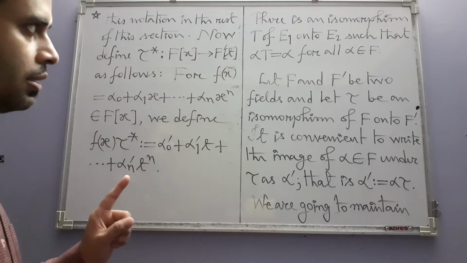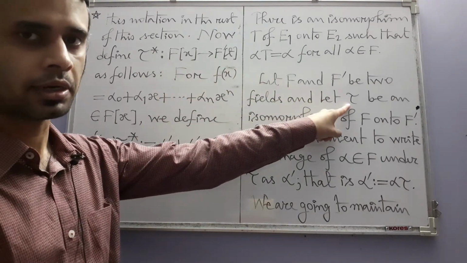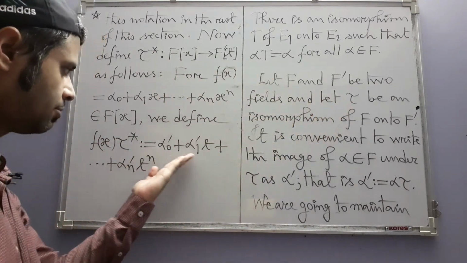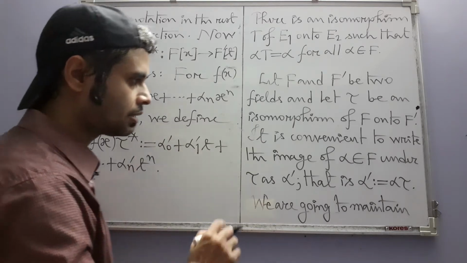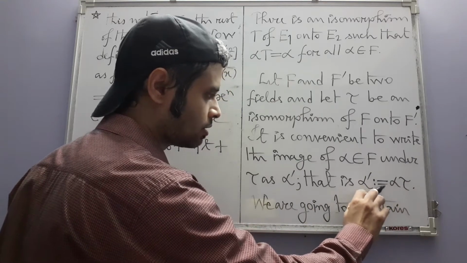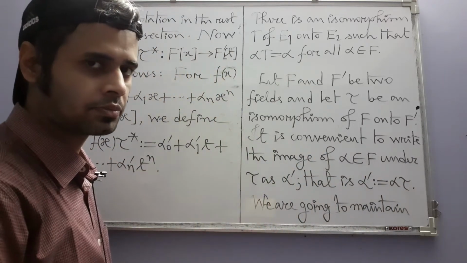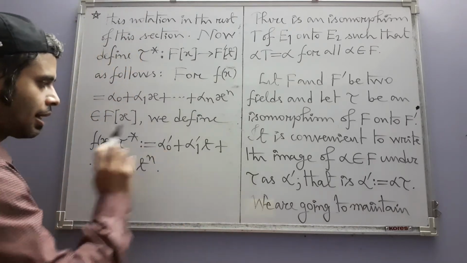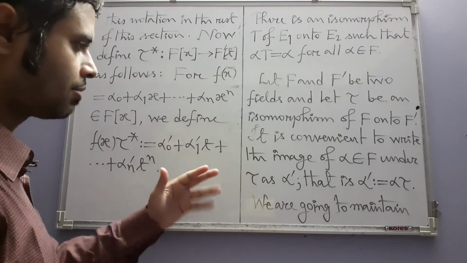But we already have a relationship between F and F prime given by tau. So we have used that tau here in writing these new coefficients. The new coefficients are just the images of the old coefficients under tau. That's just it. Because this alpha naught prime, for example, is the image of alpha naught under tau.